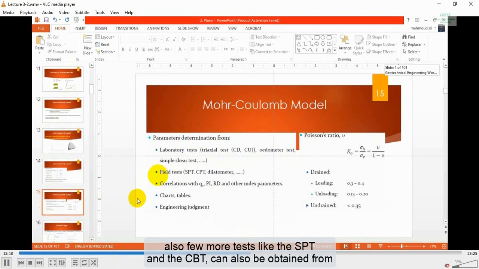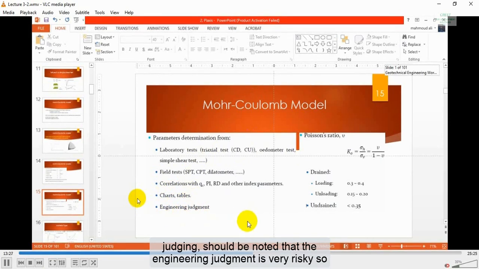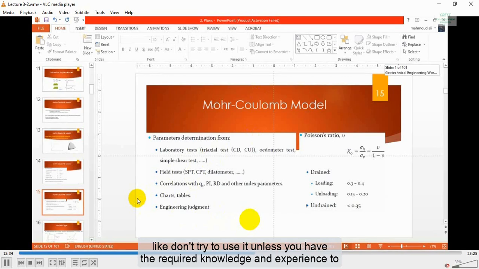They can also be obtained from some empirical correlations, some tables and charts, and finally engineering judgment. It should be noted that engineering judgment is very risky, so don't try to use it unless you have the required knowledge and experience to do so.